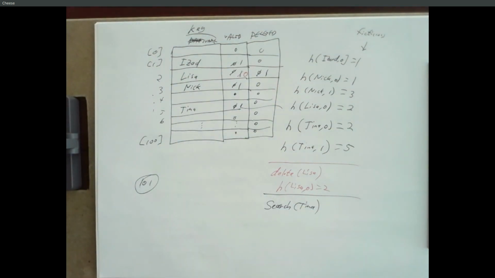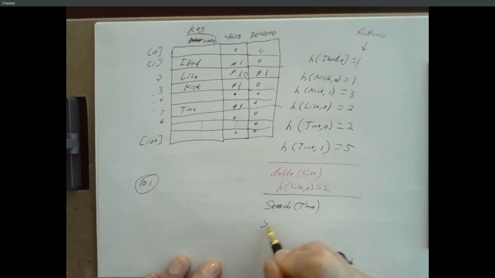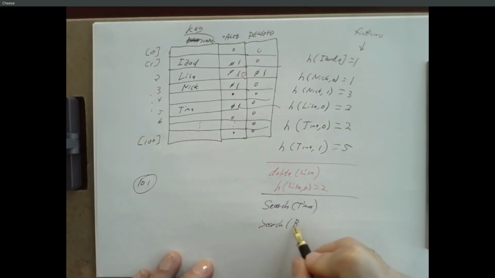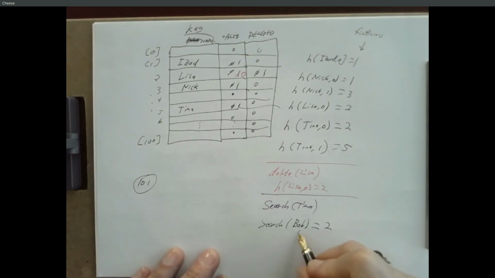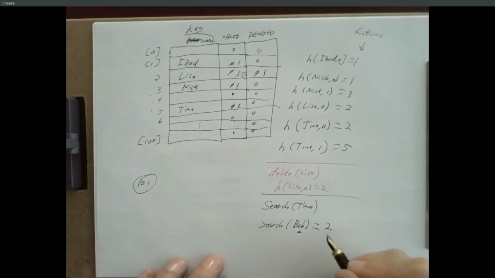So now if we search for Bob, let's say Bob returns 2. So we hash Bob with a probe of 0, and that gives us a 2.